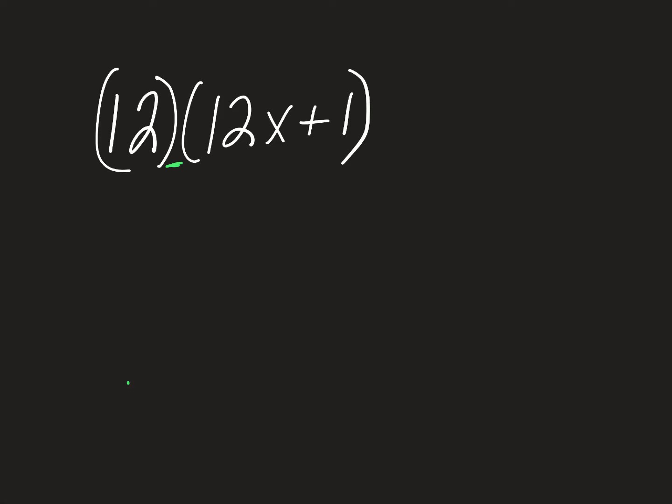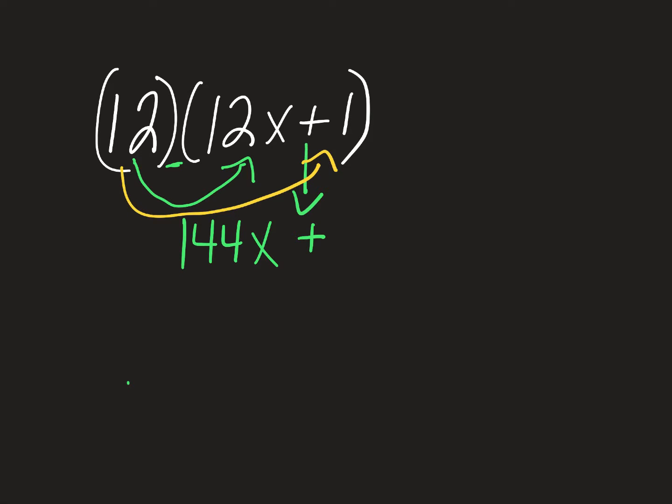All right, in order to do that, you've got to take this 12 and you've got to multiply it by both terms on inside of the parentheses. So you're going to multiply 12 times 12x, which is what? 144x. And then what am I going to write down? My plus sign. And then I'm going to multiply 12 times 1, which is what? 12. That's your answer.